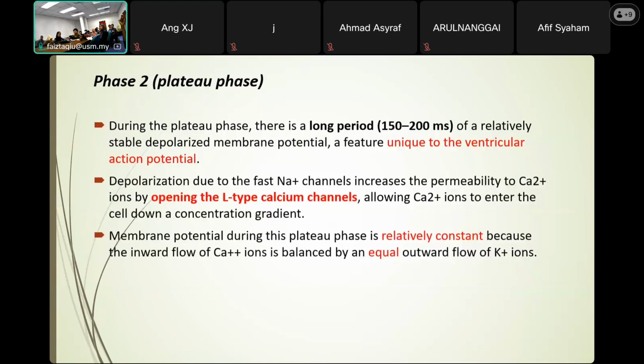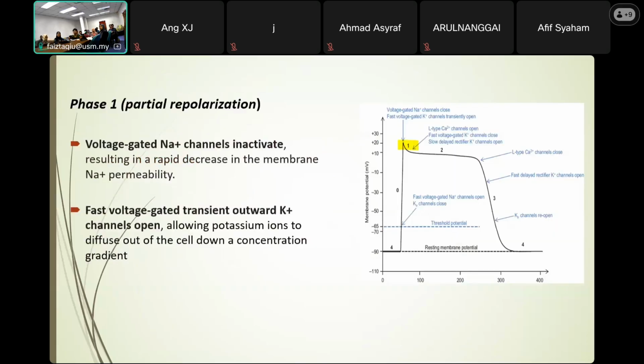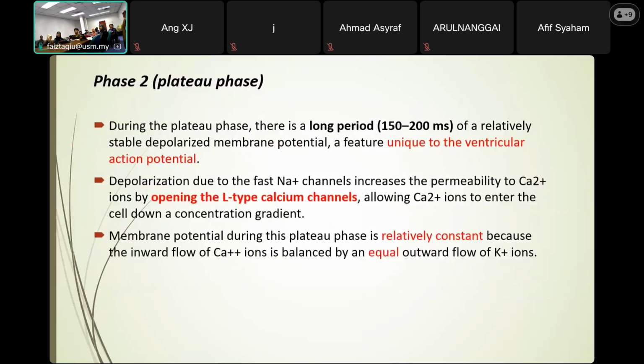That is phase 1. Phase 2, the plateau phase. Very distinct characteristic of the ventricular action potential. During this phase, it is a long period, about 150 to 200 milliseconds, of relatively stable depolarized action potential. Almost a straight line, but it is still downward going. So if you draw it, make sure you don't draw it horizontal, but slightly downward going, which is a feature unique to the ventricular action potential.